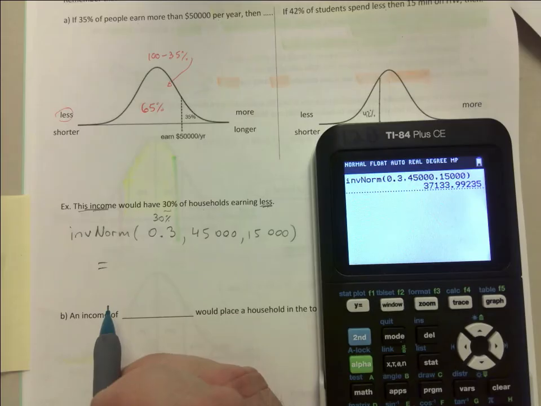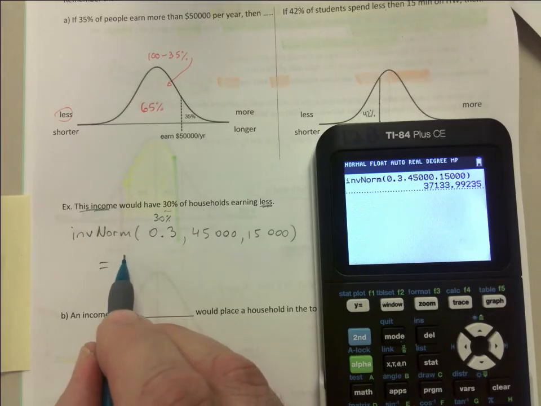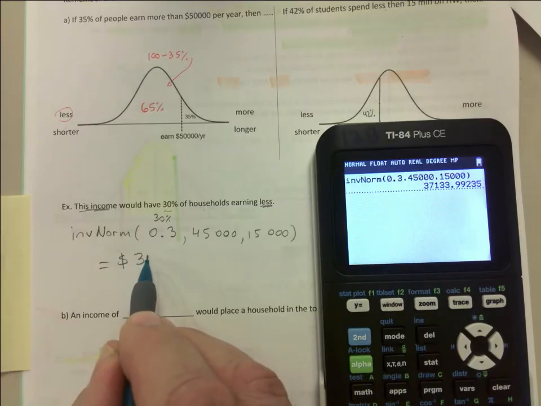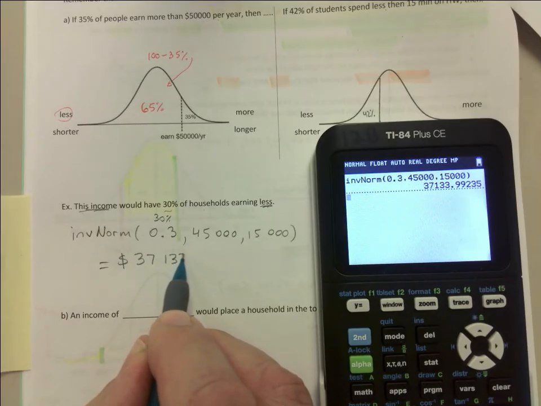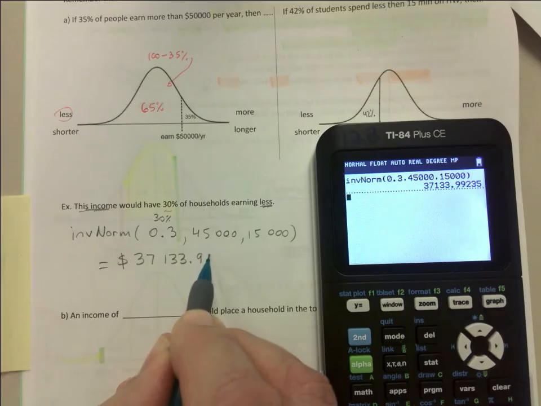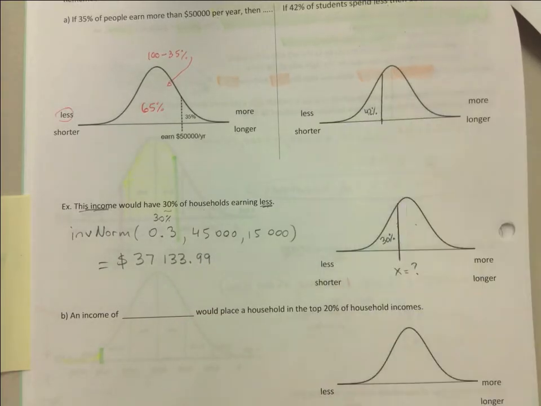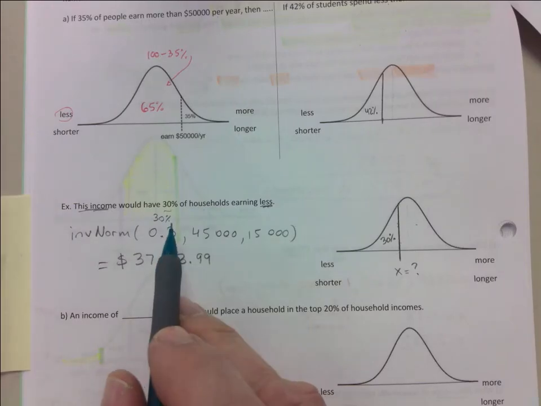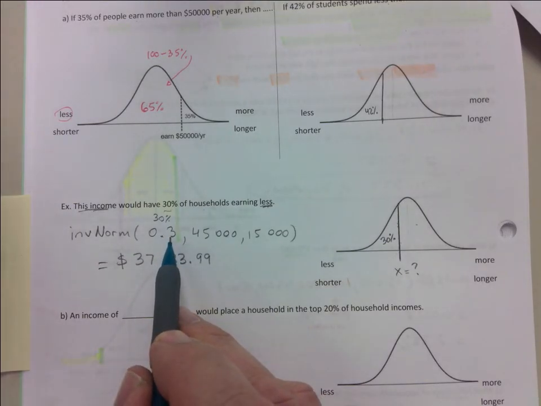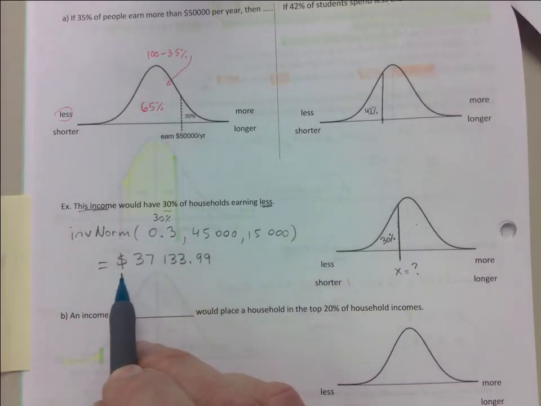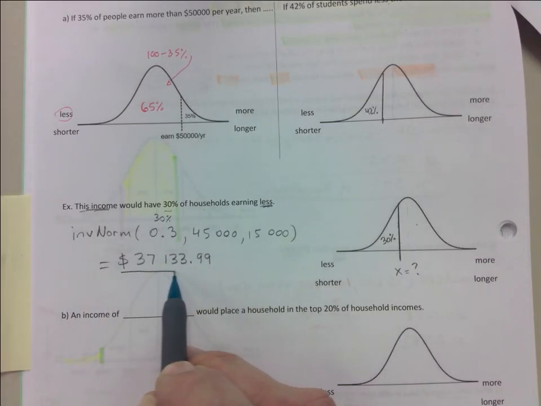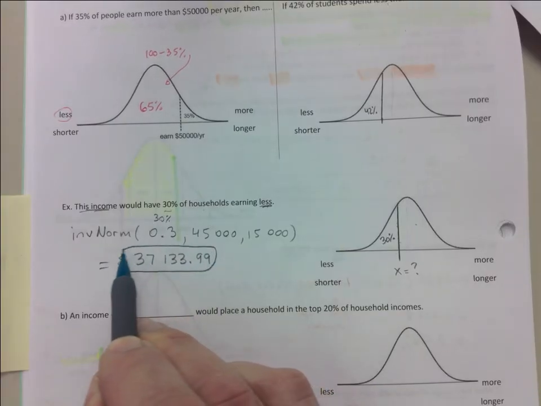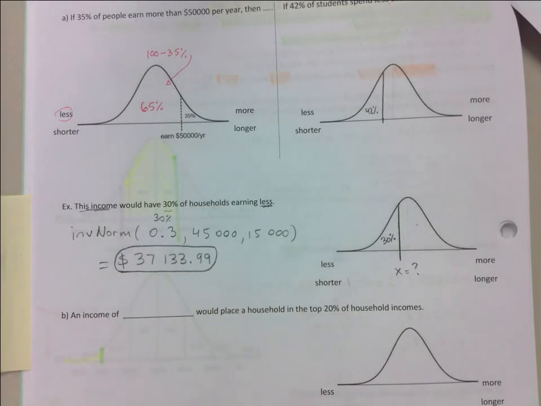That is dollars, right? That is income. So dollars, 37,133.99. That is the income which would have 30% of people or households earning less than it. Okay? That is your answer.